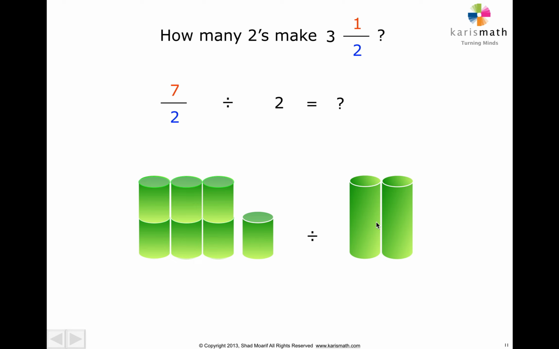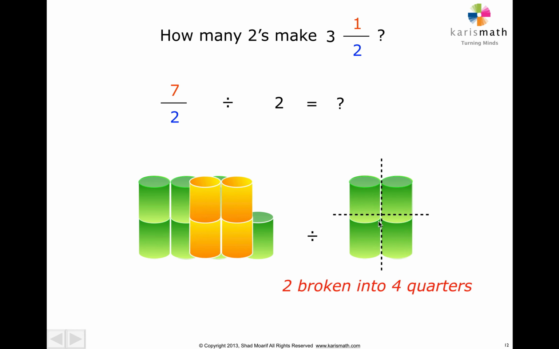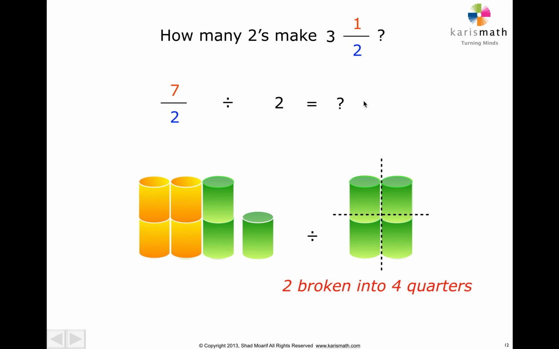And here, how many do we have? We have 1, 2, 3, 4. Or it breaks actually into quarters, or 4 quarters, if you like. So 2 wholes breaks into 4 quarters, not halves. So how many of these? 4 quarters here fit into all of that. So that's 4 quarters that go in there.